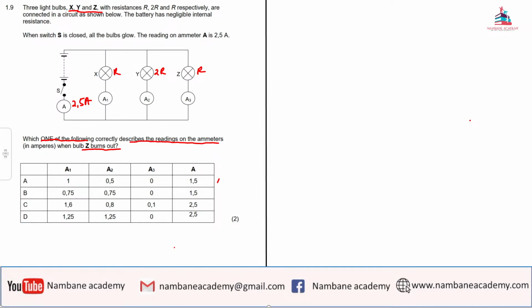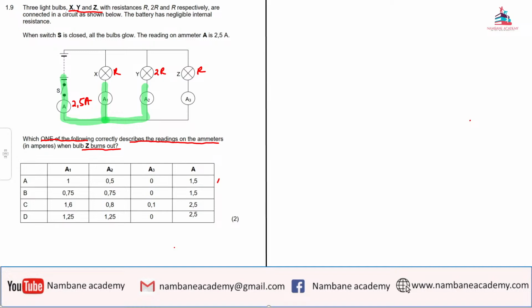Ladies and gentlemen, when Z burns out, what does this mean? The current will come and split into 2. There will be no current moving into A3. Why?